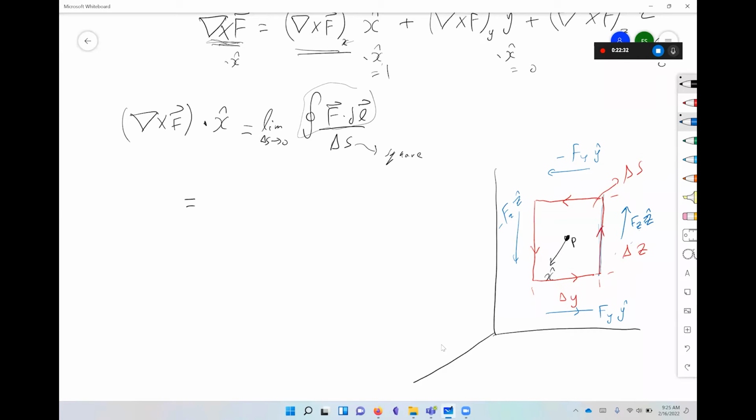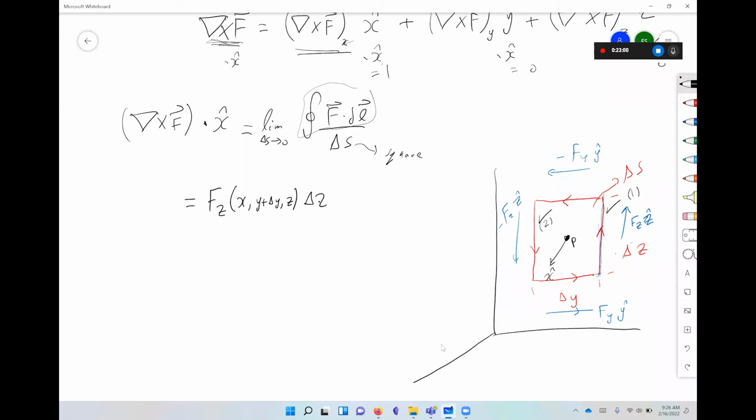Taking it one at a time, here I'm at delta y away, so only Fz is contributing. This is going to be Fz of x, y plus delta y, z. I start with this side, path 1, and I need to multiply by the distance, which is delta z.